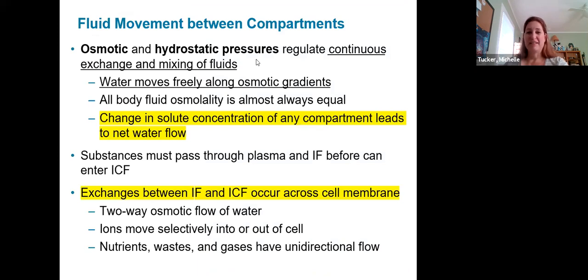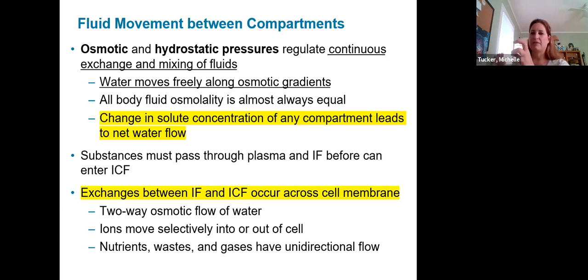Here we have osmotic and hydrostatic pressures again. Osmotic pressure is the pull. We call it the suck. It draws water back into either the cell or into the plasma. There are very little proteins in interstitial fluid, so we just talk about plasma versus intracellular. They both have proteins.